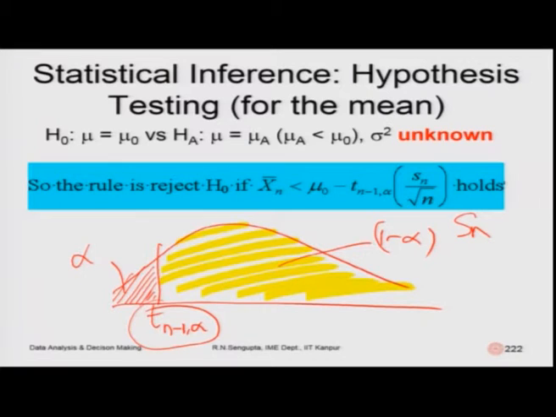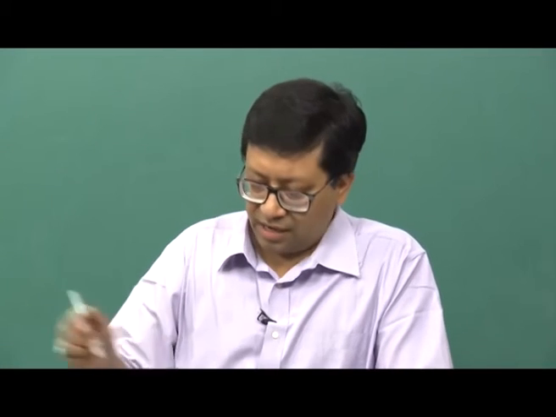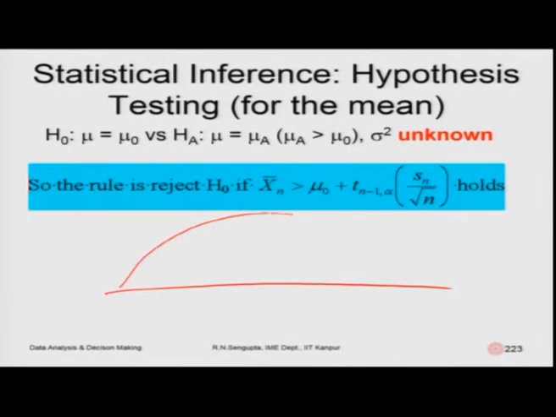Now, the question would arise: what is the hypothesis for the case when it is greater than type? In that case, under H naught you have mu is equal to mu naught, under H A mu is equal to mu A, but mu A is greater than mu naught, and sigma square, which is the population variance, is unknown. And simply in this case it is on the right hand side. So, this would basically be t n minus 1 alpha, this area is alpha, this area is 1 minus alpha.